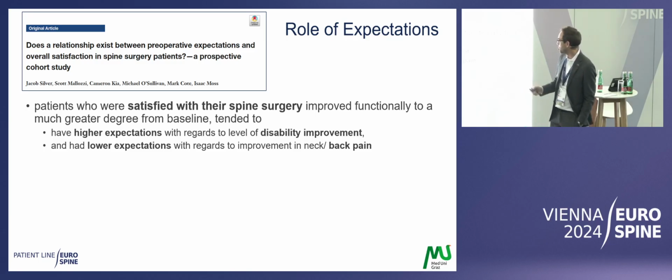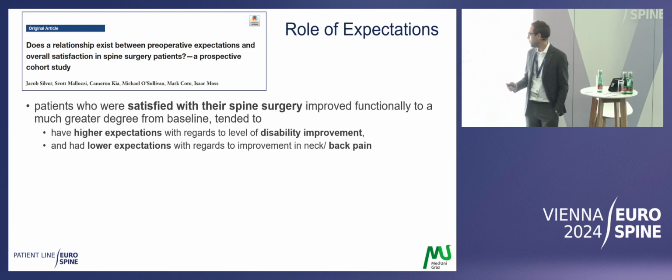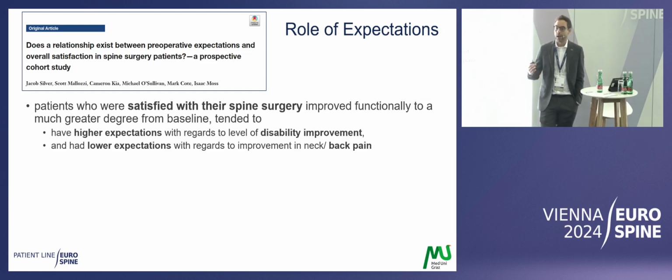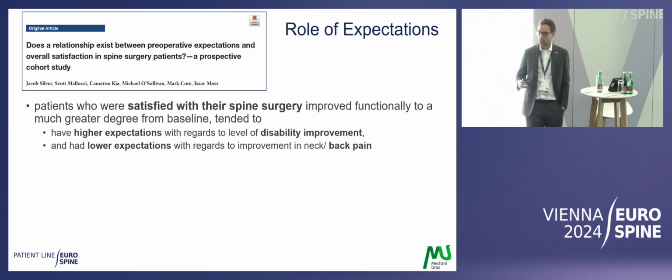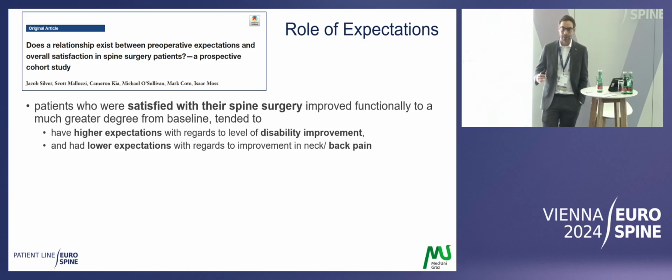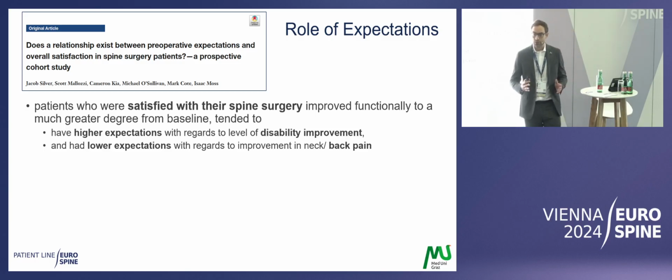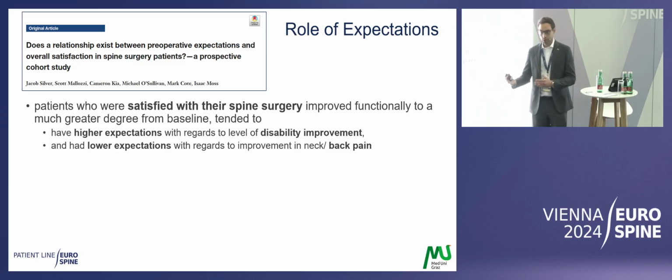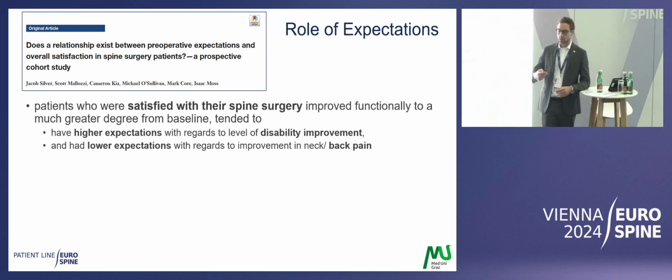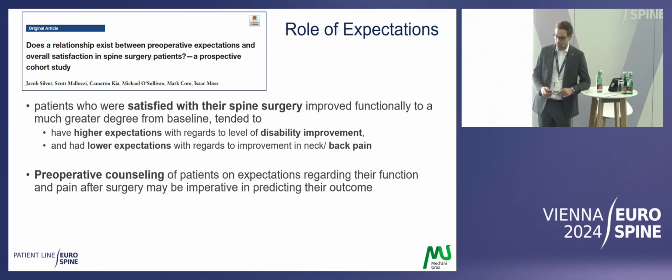But again, higher expectations with regards to disability. So the patients satisfied with surgery tended to have higher expectations in regard to disability improvements and lower expectations in regard to back pain. So if you don't expect your back pain to disappear after surgery, patients will probably be more satisfied, whereas we can improve them better in disability and their functional improvements.